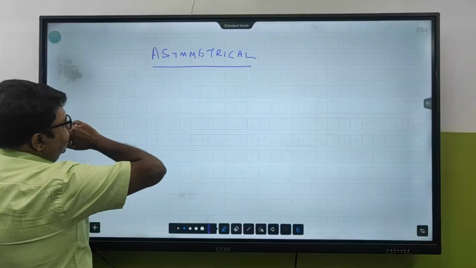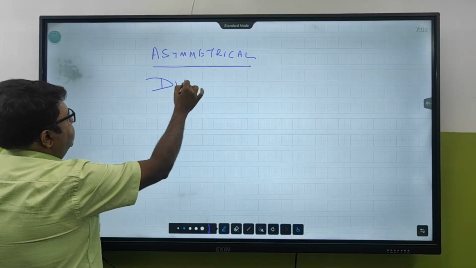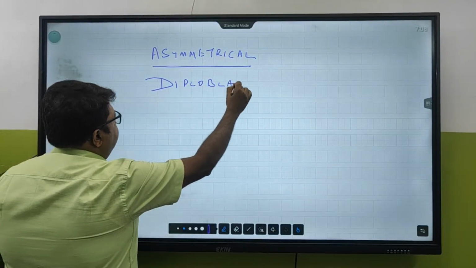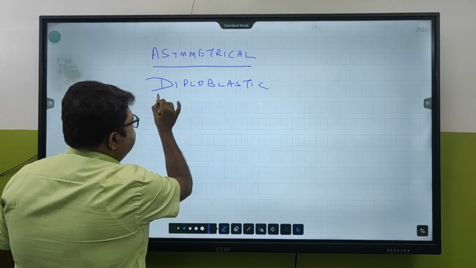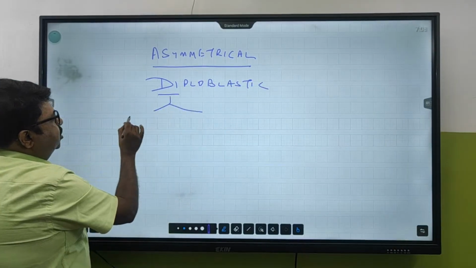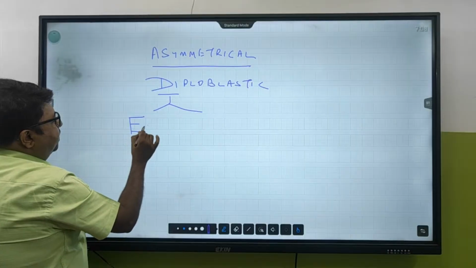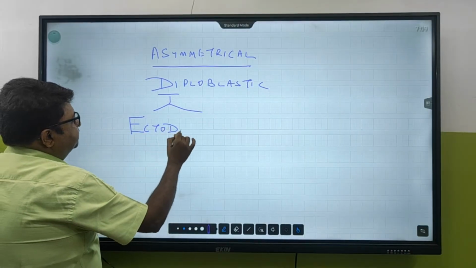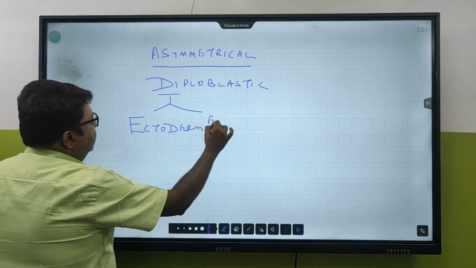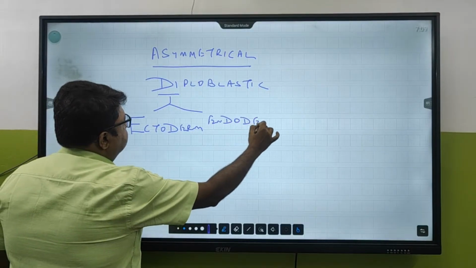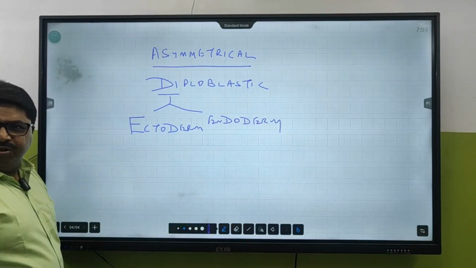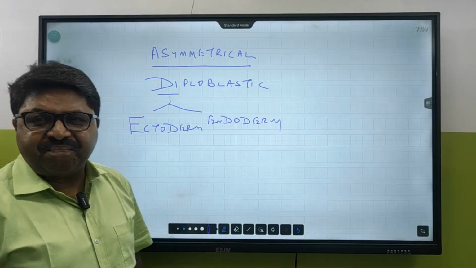They are acoelomate. What kind of germinal layers do they have? They are diploblastic, with 2 germinal layers: ectoderm and endoderm.